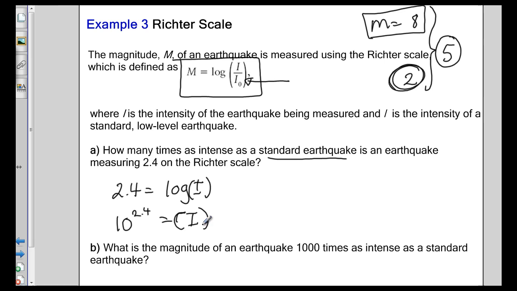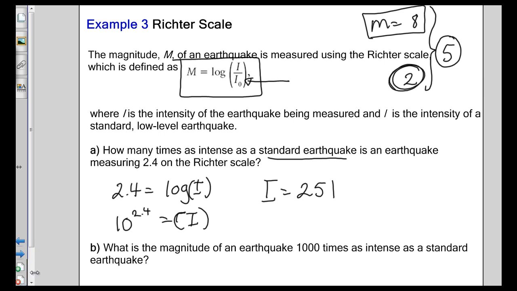And once again, plugging that into the calculator, 10 to the power 2 decimal 4 gives us an answer of approximately 251 times as intense as a standard level earthquake, which registers about a 1 on intensity level.